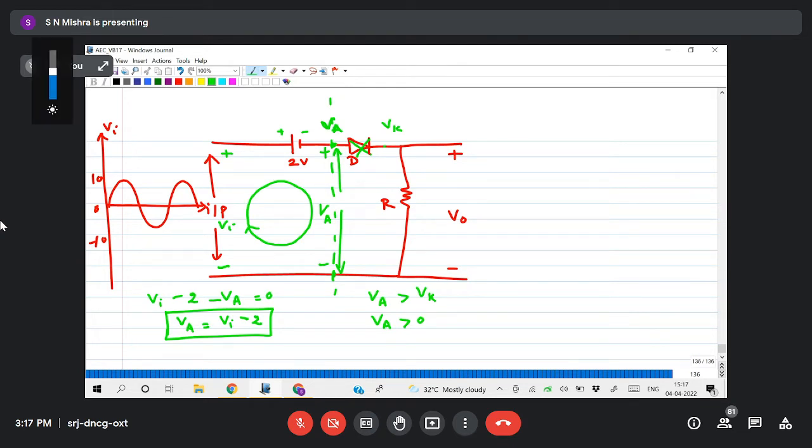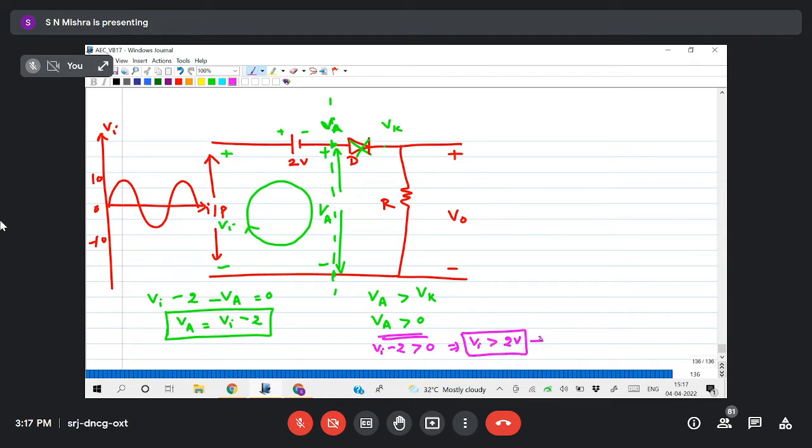Understood how I have brought this one? Yes, sir. Now here Va must be greater than 0 so the diode is on. So in place of Va, I can write Vi minus 2 must be greater than 0. That implies Vi must be greater than 2 volt.